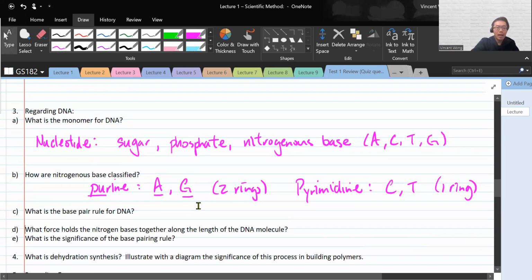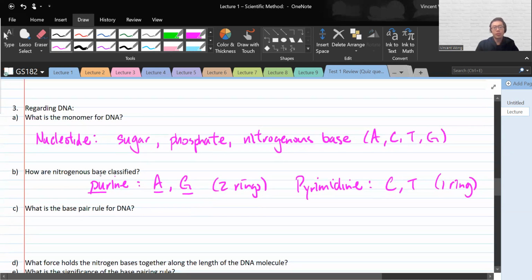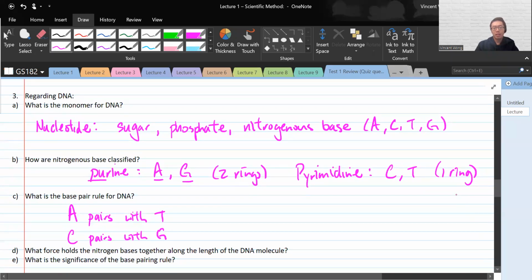As far as the base pairing rule goes, adenine pairs with T, and cytosine pairs with G all the time. So if you know one strand of DNA, you'll be able to predict the other strand. For example, if I have A, T, C, C, G, T, we can predict what's on the other side.